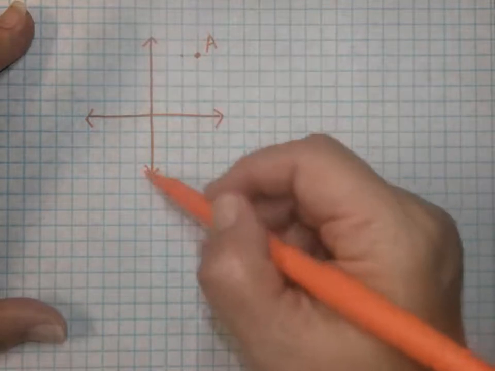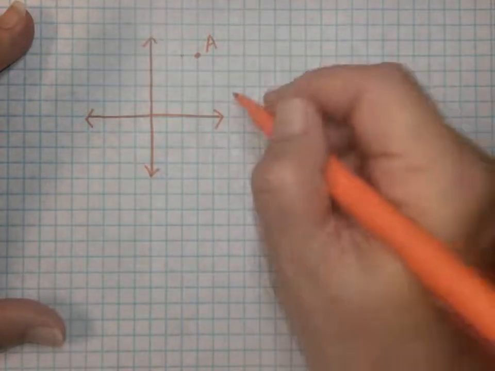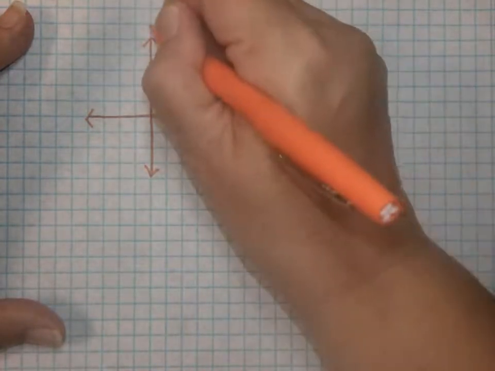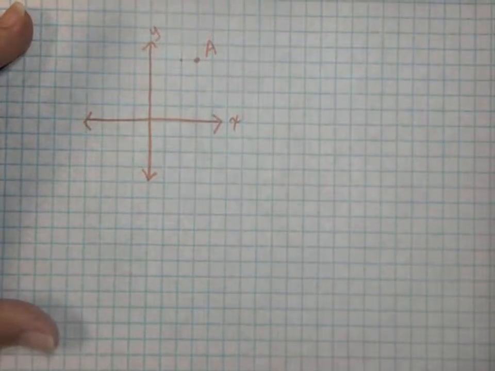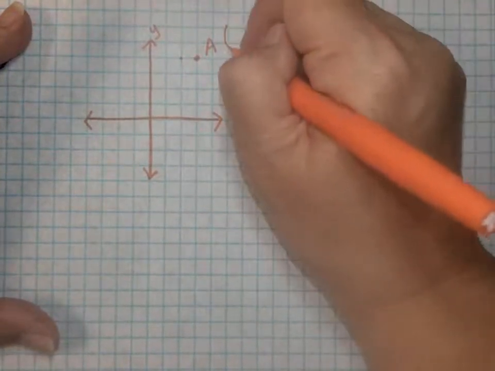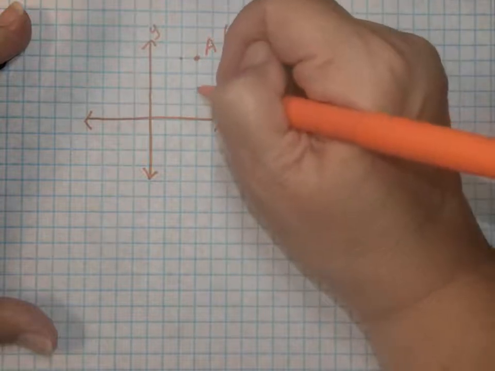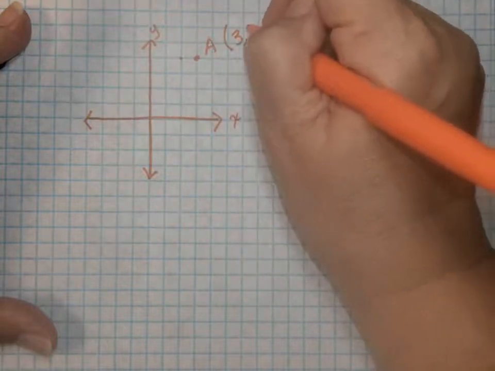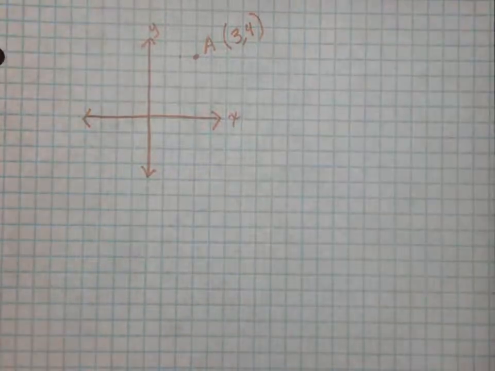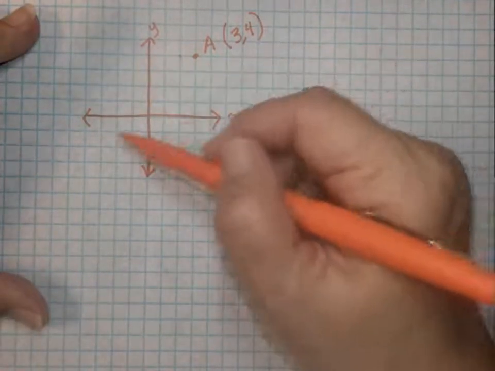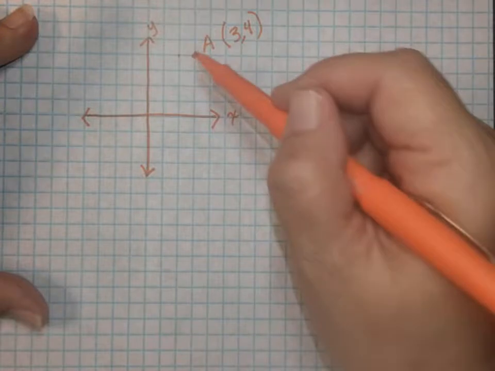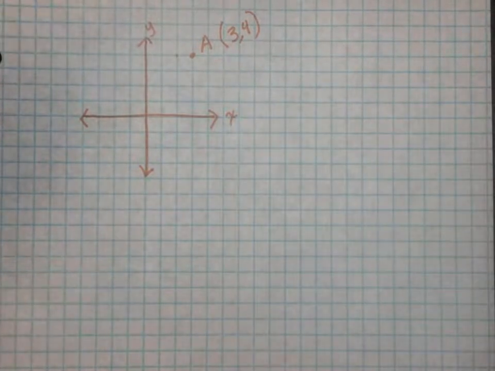So once we know where the X and the Y coordinates are, and we tell someone that point A is located at the ordered pair 3, 4, right? Then everybody can know exactly where to go.